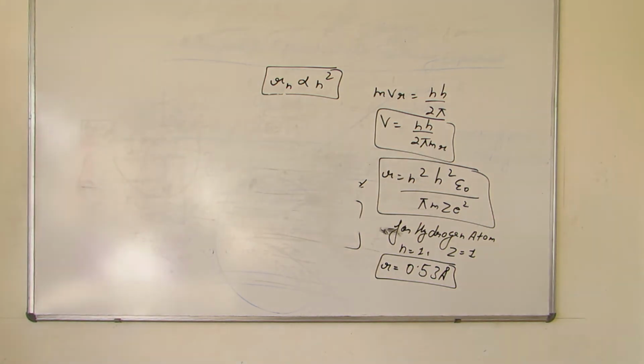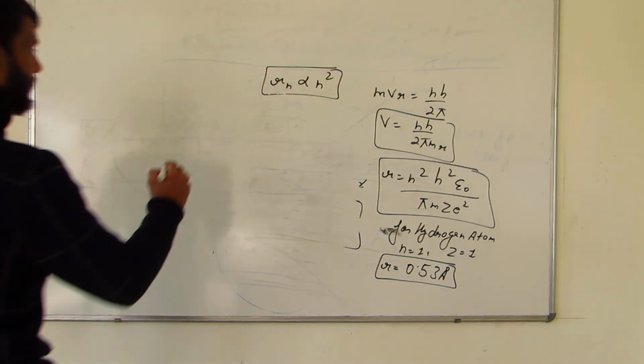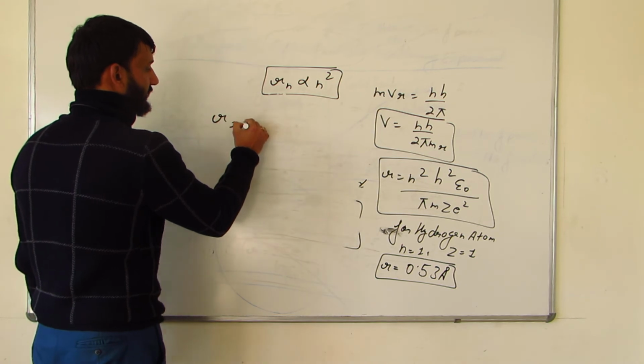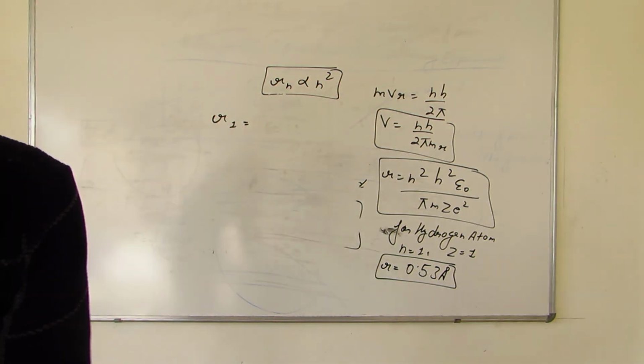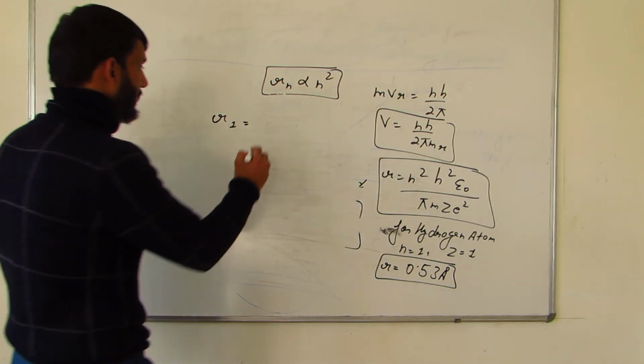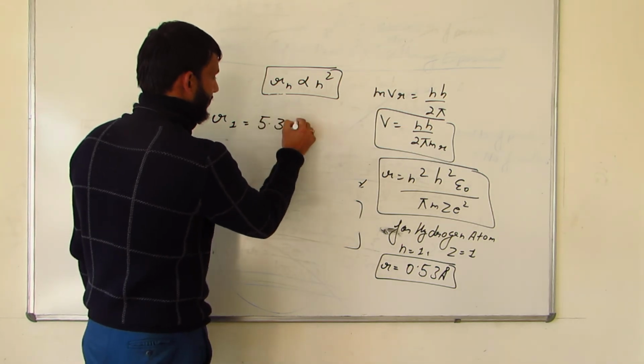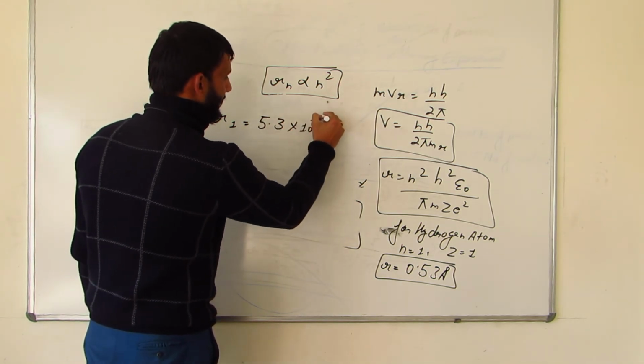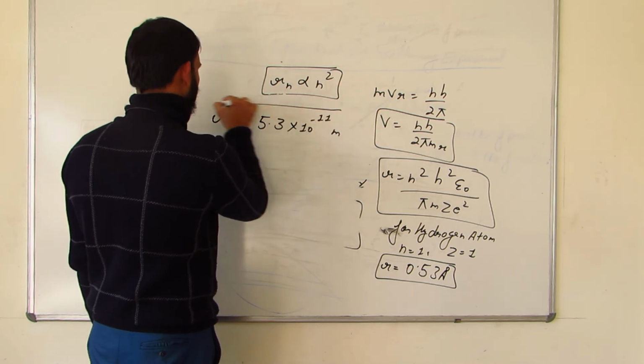I'll read out the question first. The radius of the first orbit of the electron of the hydrogen atom is given to be 5.3 into 10 to the power minus 11 meter.